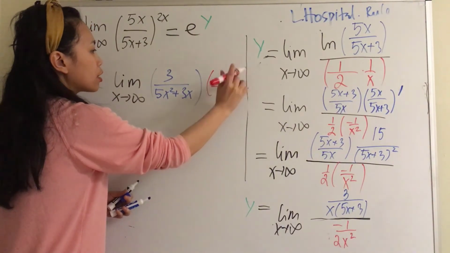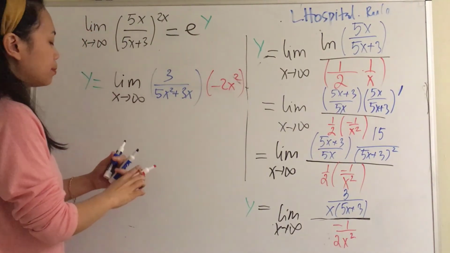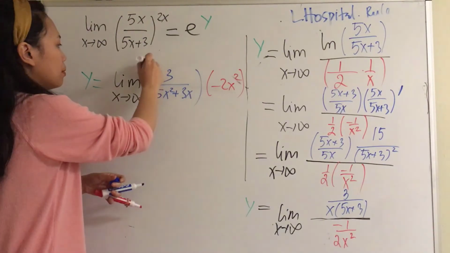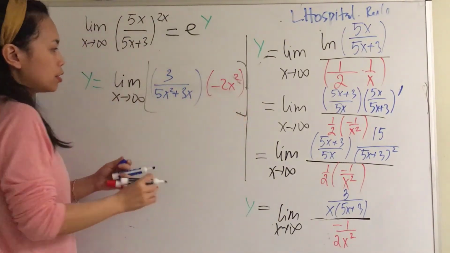Minus 2x squared. You see that? And I'm going to box this one together.